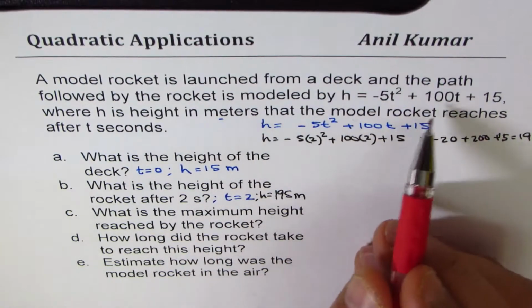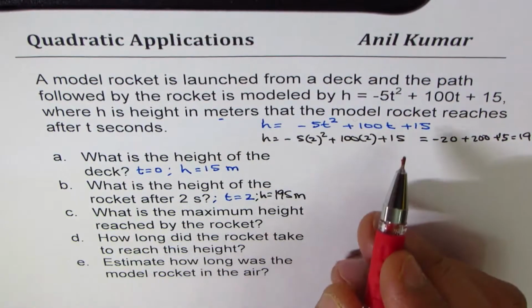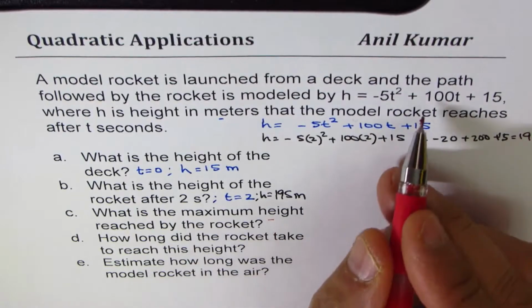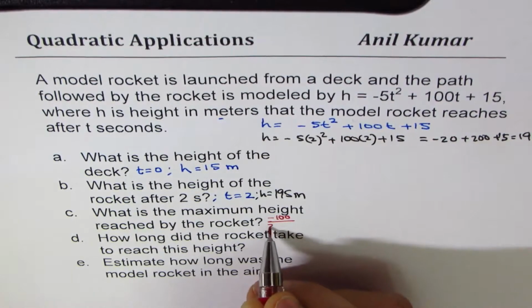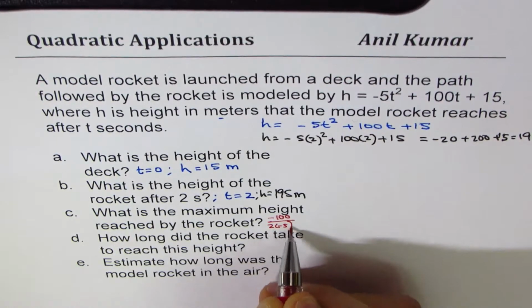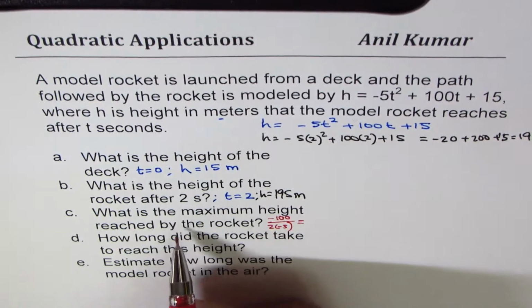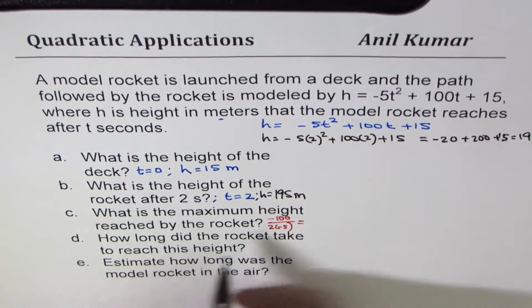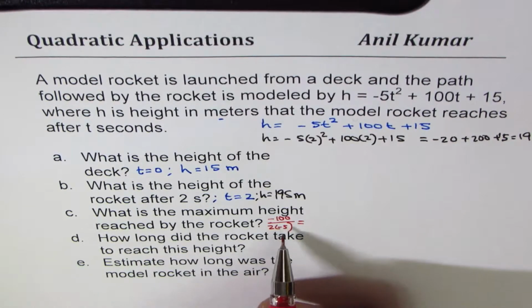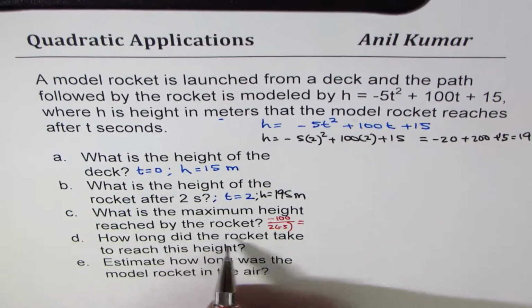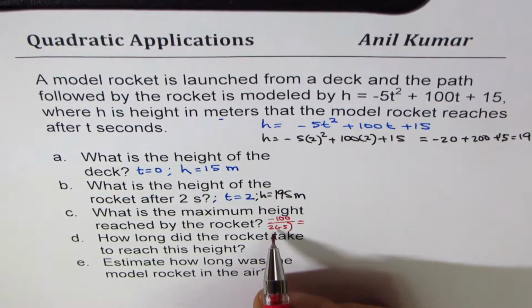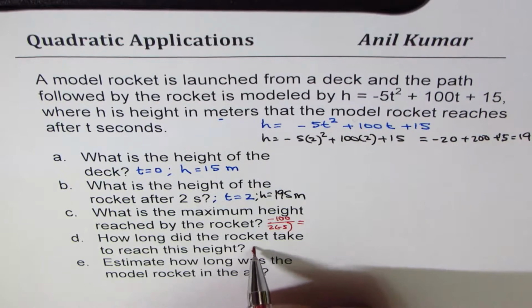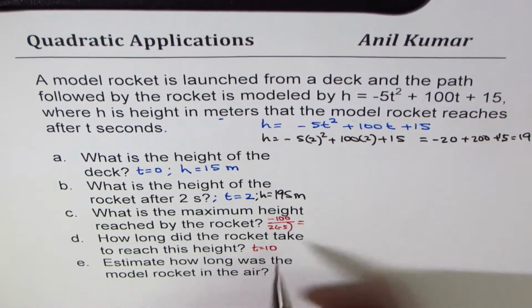So if I have an equation, we could actually find this as minus 100, which is the b value, divided by 2 times minus 5, correct? So that gives you the time. That is the t value. How long did the rocket take to reach its height? This is the value. So dividing by 10, t equals 10 is actually the answer.